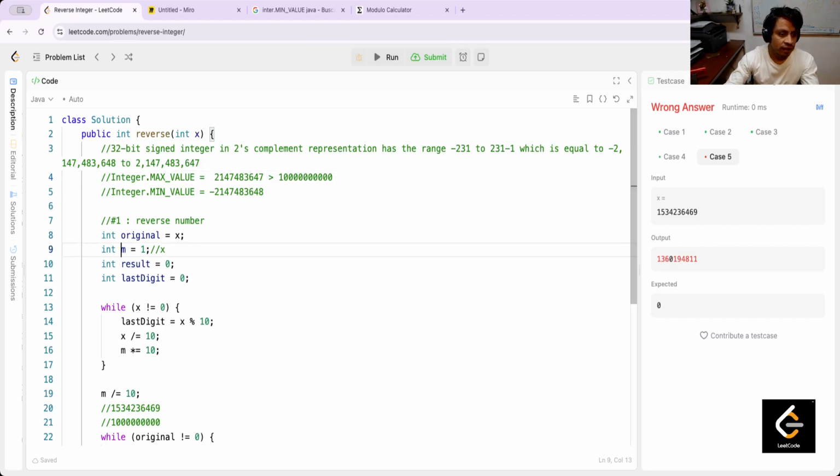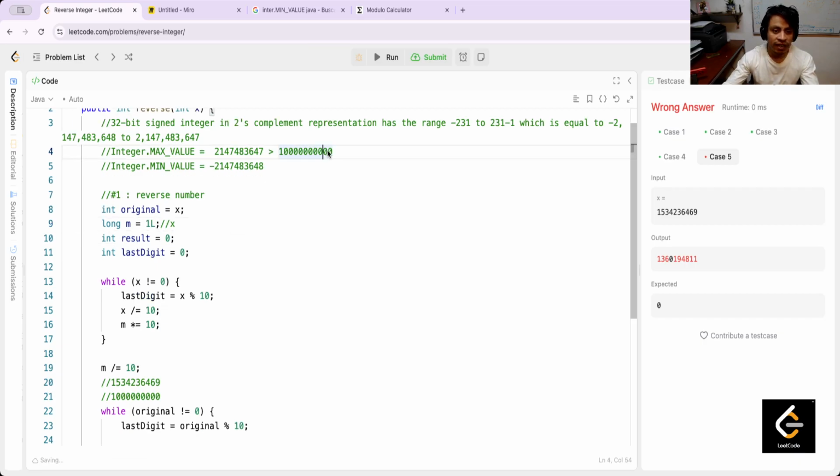In this case, I think that I need to change to long because when it's multiplied the last time by 10 it is out of the whole range, and for that reason this happened.